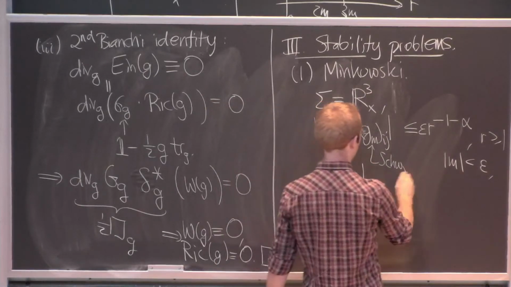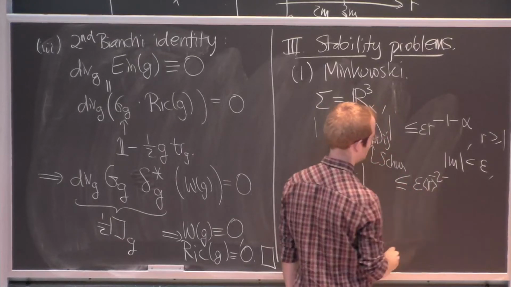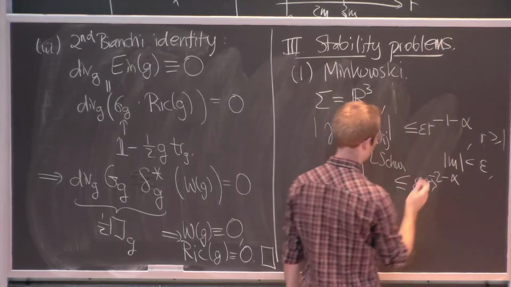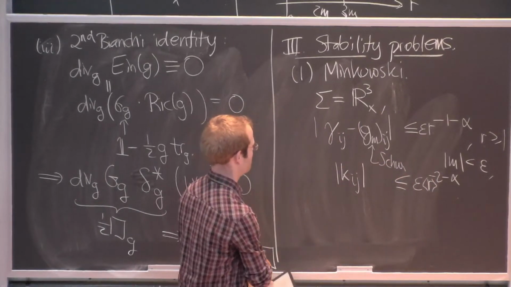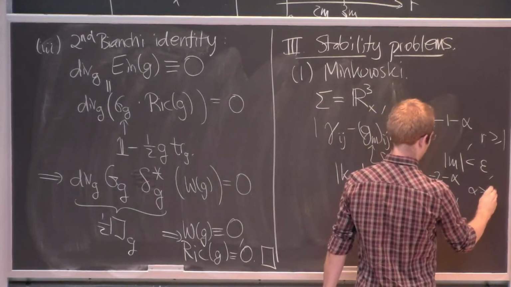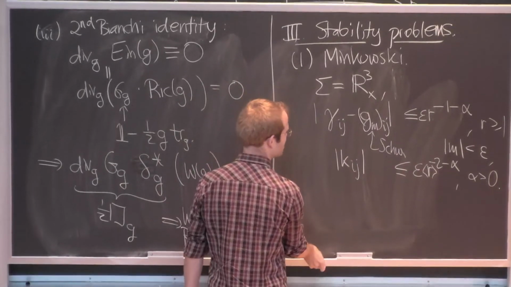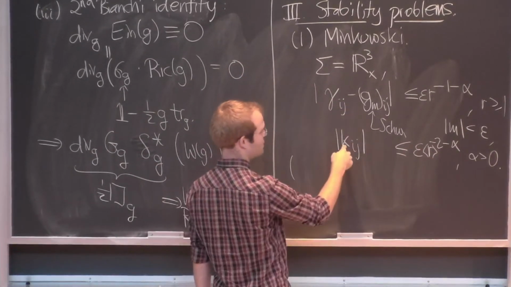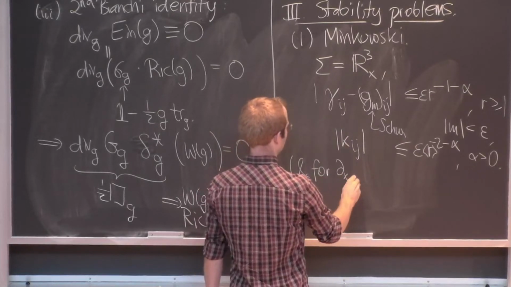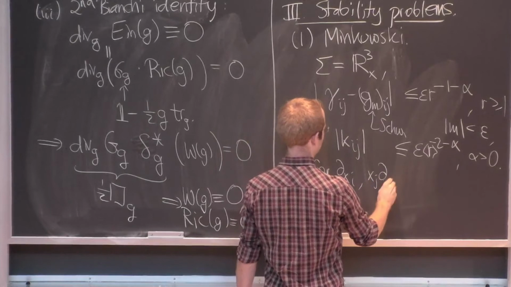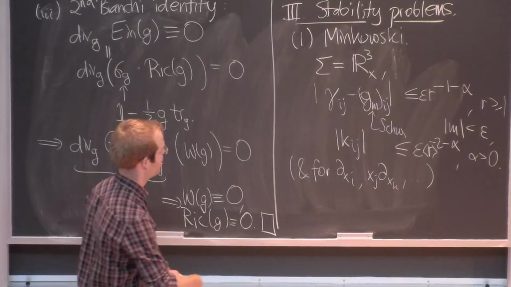And the second fundamental form, you just want to be decaying like r to the -2 minus alpha everywhere. So it decays at one rate faster. It's again a typical thing for wave equations on Minkowski space. Okay, so here alpha is positive. And of course, in reality, you need to impose these kinds of decay conditions for not just the coefficients themselves, but also for a lot of derivatives. So the same thing for derivatives like d x i or x j d x k, and take 1,000 of them just to be on the safe side. Okay.